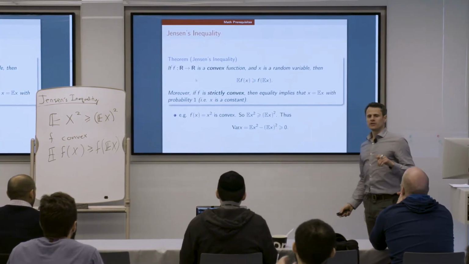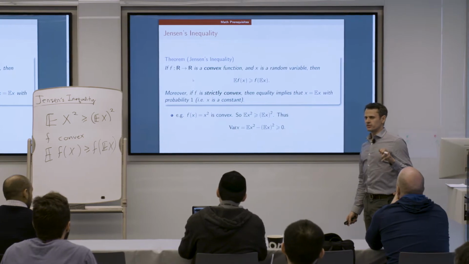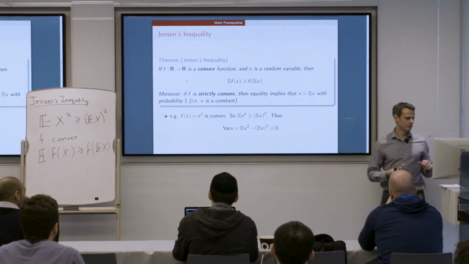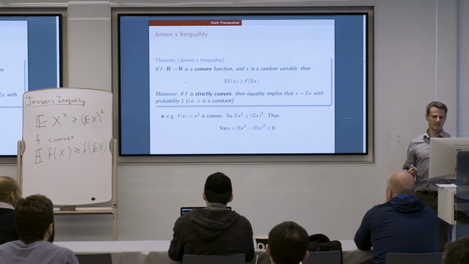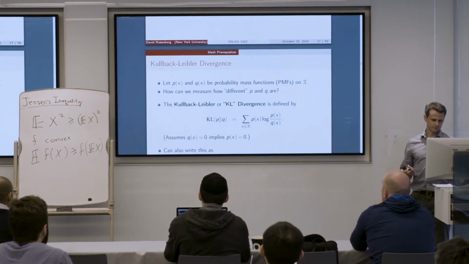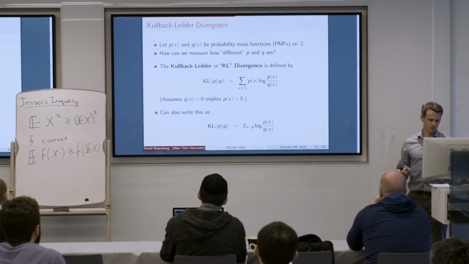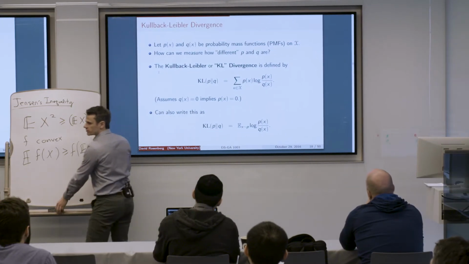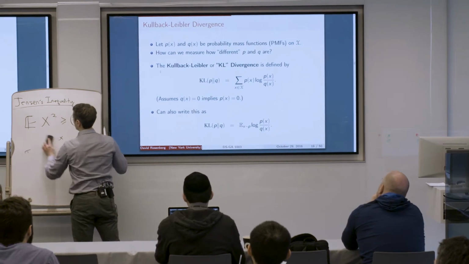That's the first thing. The second thing, have you guys encountered the KL divergence? The Kullback-Leibler divergence? That is the second thing that we will need. There's a lot one can say about Kullback-Leibler divergence. I'll just give you a light sense of it.